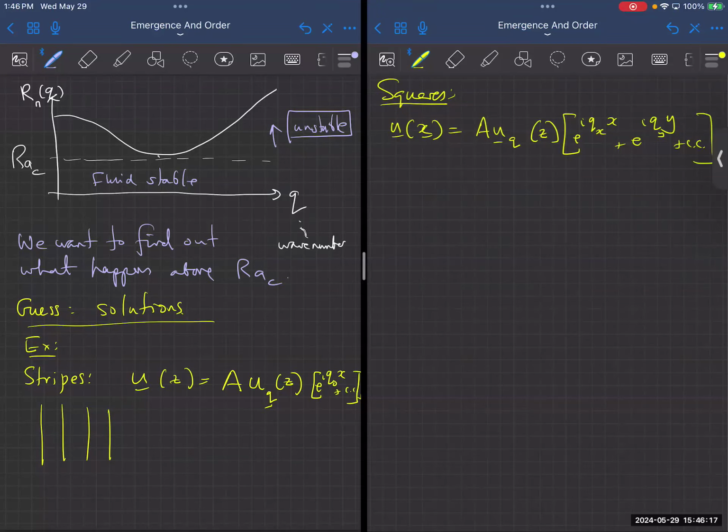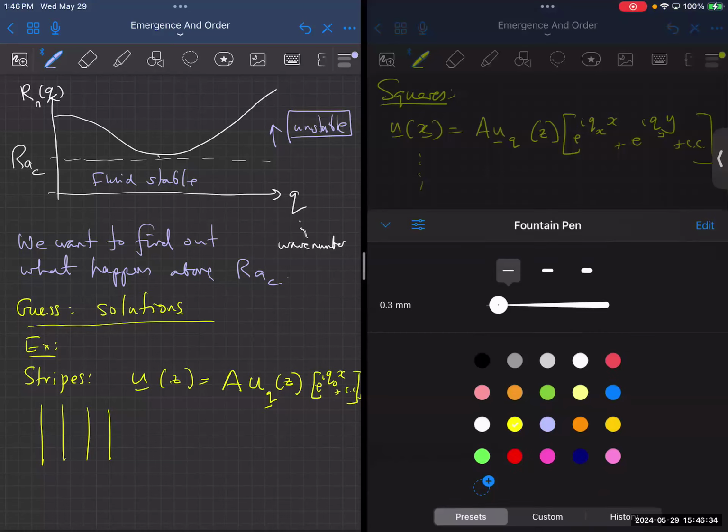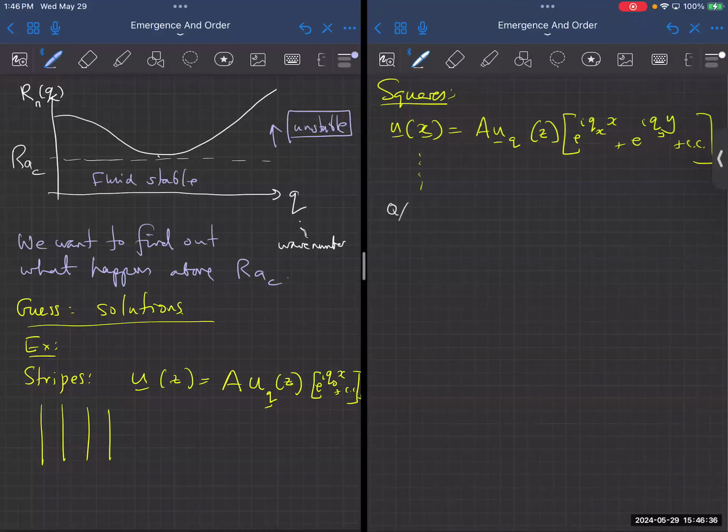That would be a wave in the x direction, a wave in the y direction, and they will produce, depending on what the q values are, some pattern. And you can imagine making hexagons and things like this. So you can do many more of these things. And then the question is, are these observed?